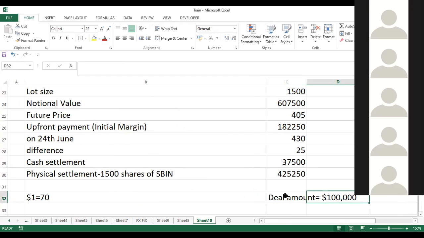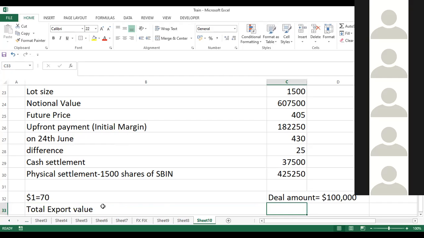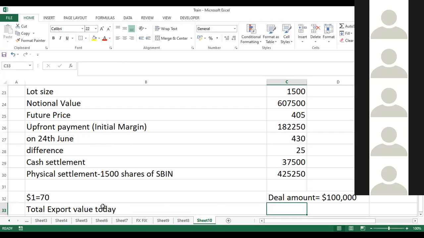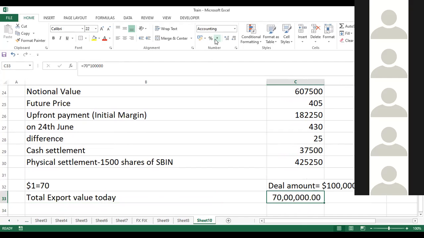So the total export value is 70 lakh rupees.